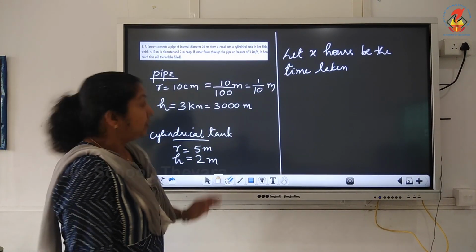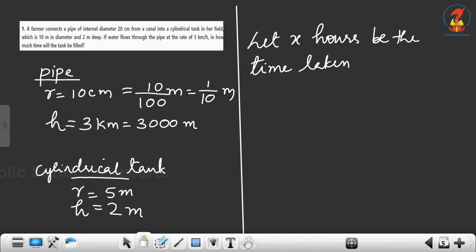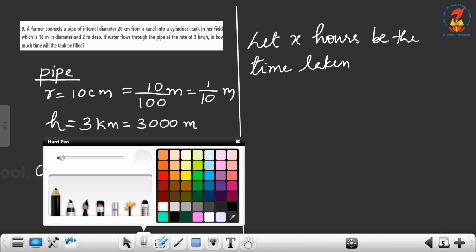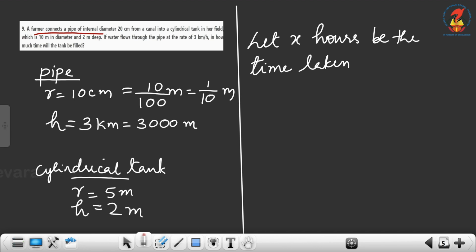Next, ninth question. A farmer connects a pipe of internal diameter 20 centimeter from a canal into a cylindrical tank in her field, which is 10 meter in diameter and 2 meter deep. If water flows through the pipe at the rate of 3 km per hour, in how much time will the tank be filled?